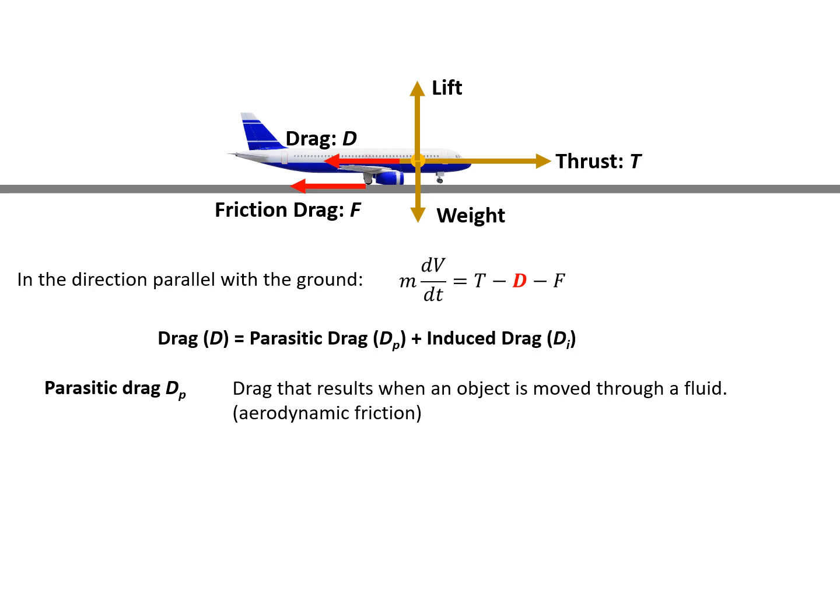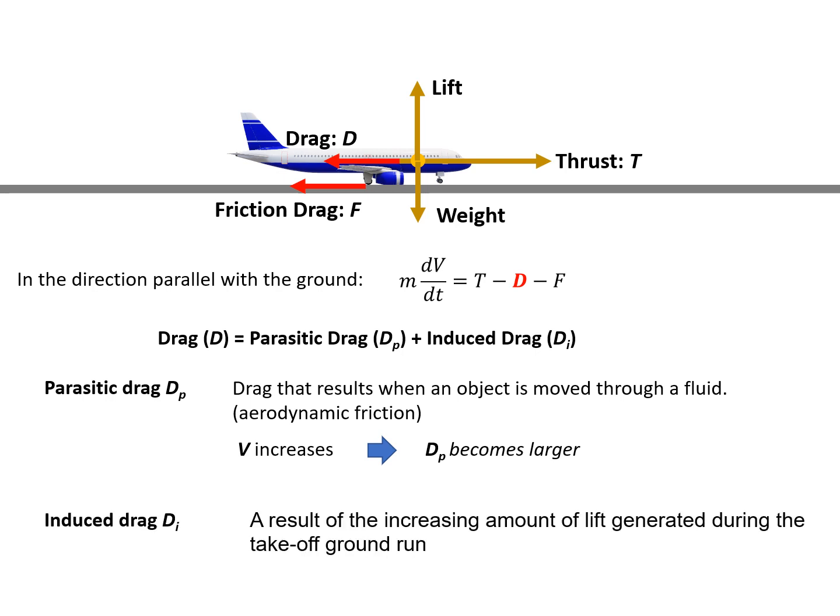The parasitic drag, D_P, is a drag that results when the object is moving through a fluid. For the aircraft, it's air, and we can also call it aerodynamic friction. Because it's relative motion between the aircraft and the air, if the velocity increases, parasitic drag becomes larger.